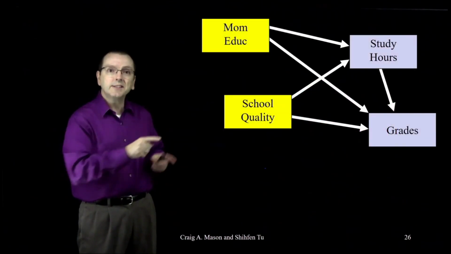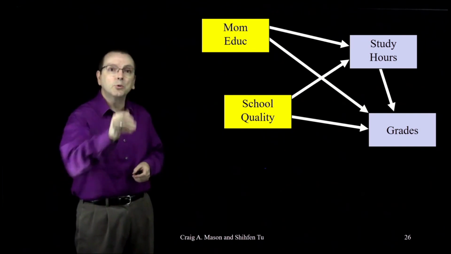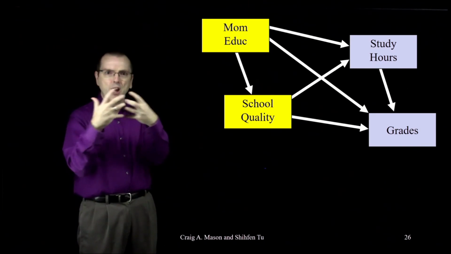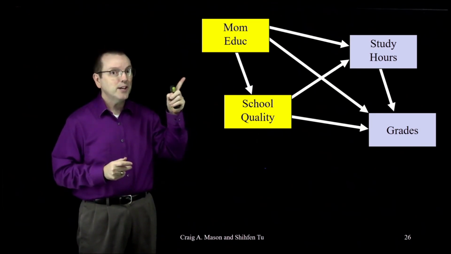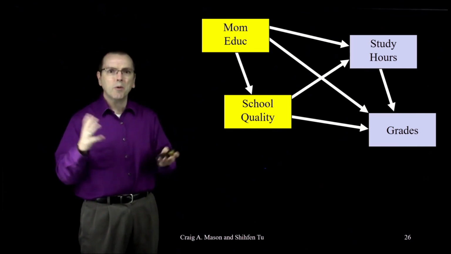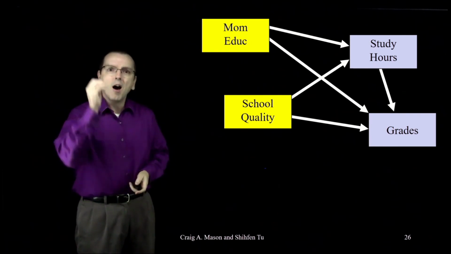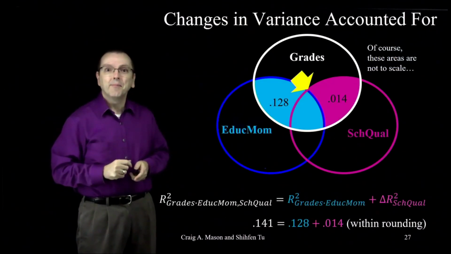Our model says that mother's education influences or causes school quality. And so any variance they share, they overlap, is due to mother's education. It's not some vague correlation where we don't know which is influencing what. Our model says it's due to mom.